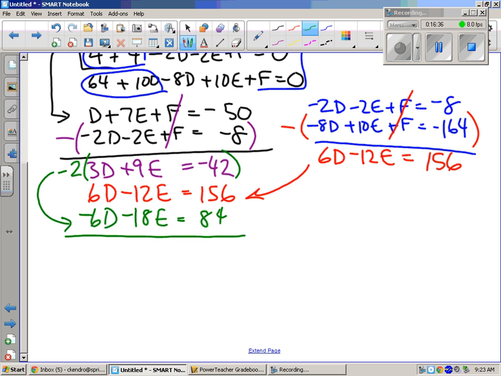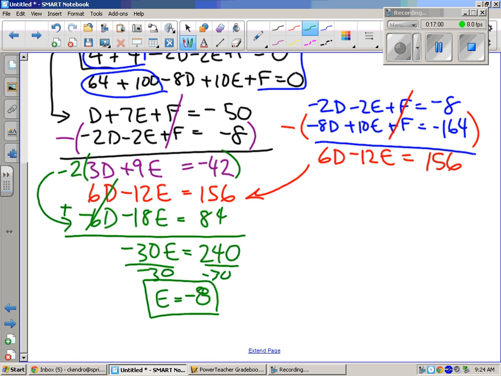All right, so now I'm going to add these two rows together to get the d's to cancel out. Negative 12 and negative 18 is negative 30e, and adding those other two together, I get 240. Divide by negative 30, and I get e equals negative 8.